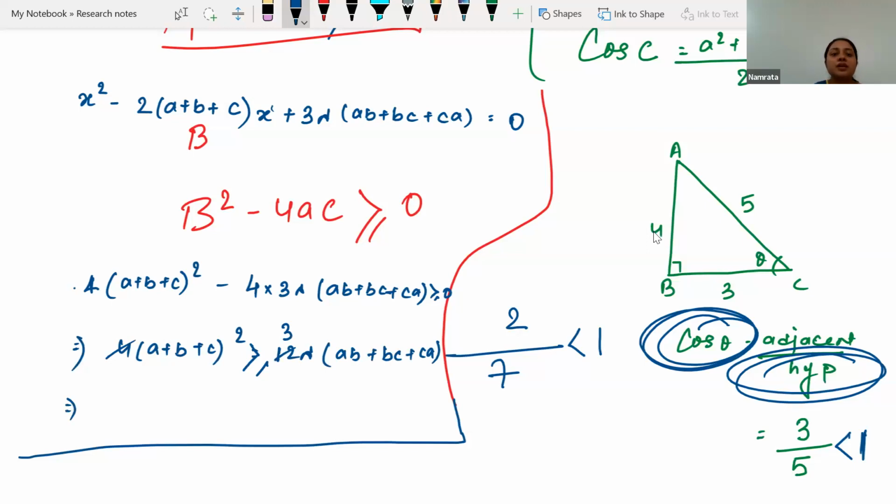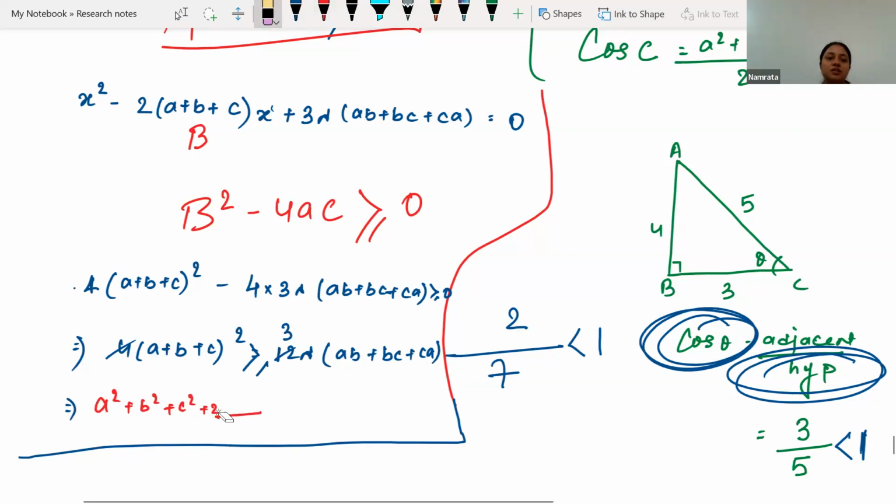Now we can go ahead and expand this (a plus b plus c) whole square: a square, b square, c square, 2ab, 2bc, 2ca, like that. So a square, b square, c square plus 2ab plus 2bc plus 2ca. We can send it to the other side and simplify it further.